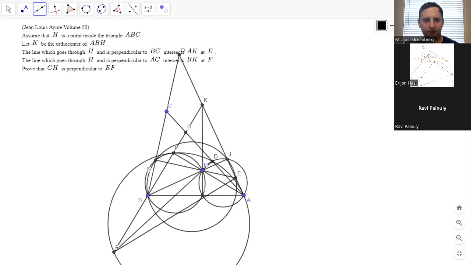Oh, this is hard. Just so many right angles.